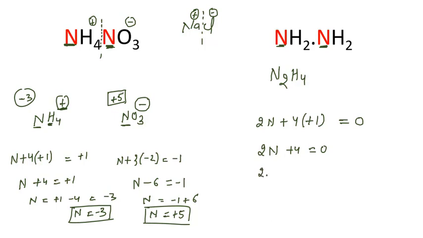We can simplify. 2 nitrogen is equal to -4, then nitrogen is equal to -4 divided by 2, then here we get -2. So you can see each nitrogen will show -2 oxidation number. So in this case it is -2 and here also it is -2. Well, now let's move on to the next compound.